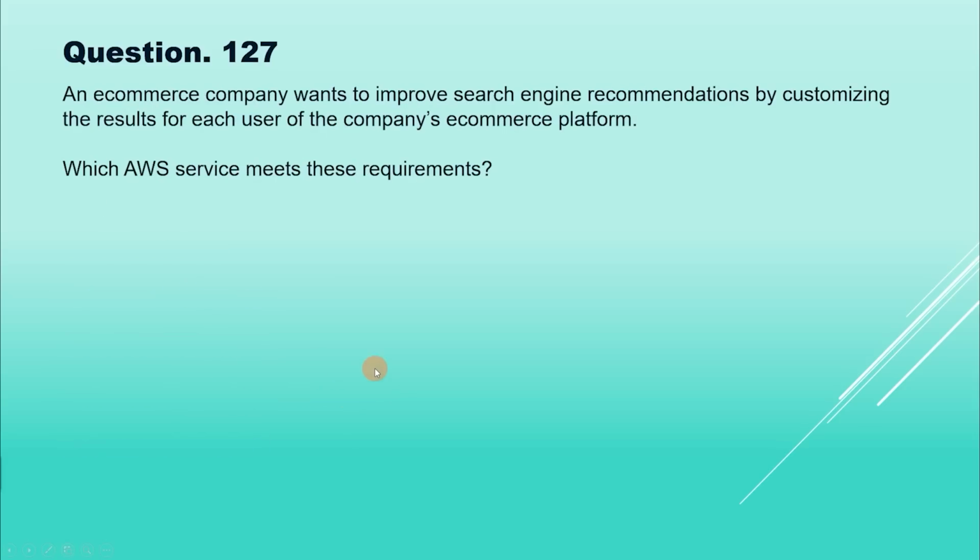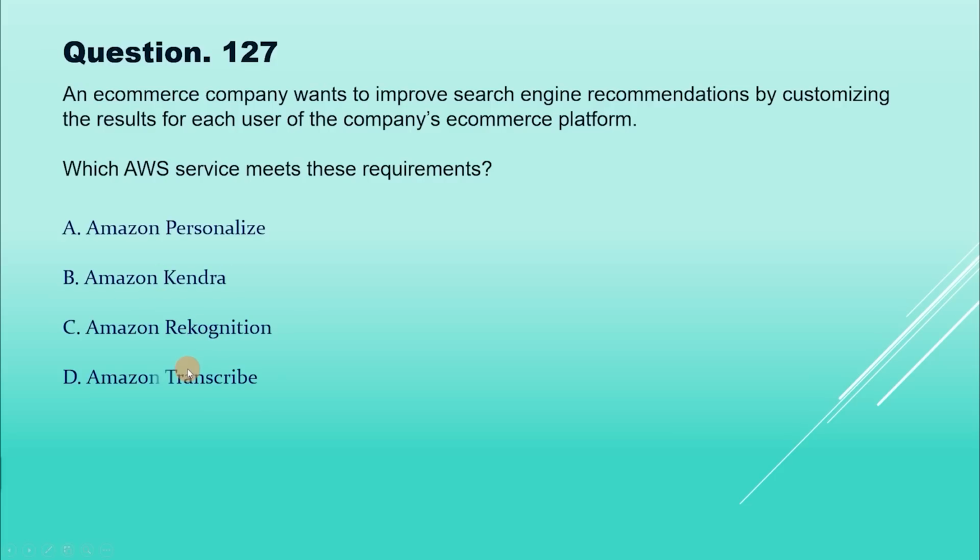Now question number 127. An e-commerce company wants to improve search engine recommendations by customizing the results for each user of the company's e-commerce platform. Which AWS service meets these requirements? Here are the options: Amazon Personalize, option B Amazon Kendra, option C Amazon Rekognition, and then option D Amazon Transcribe.